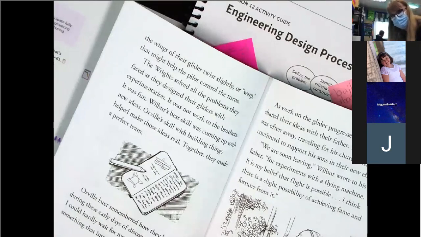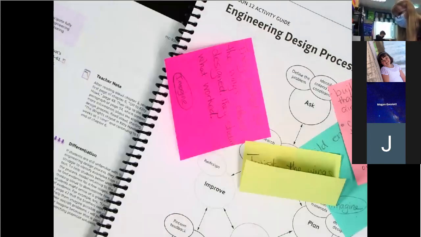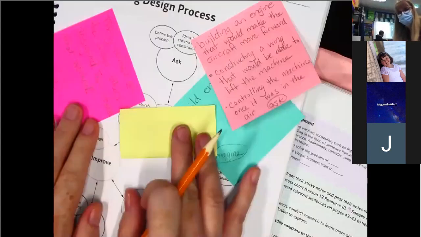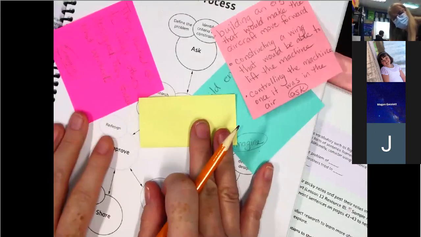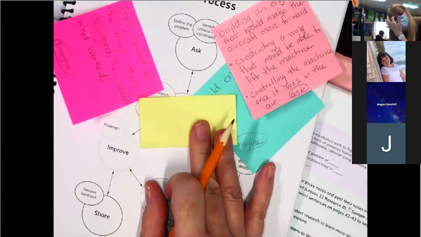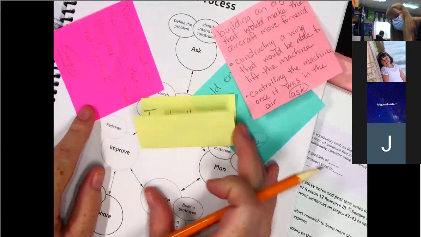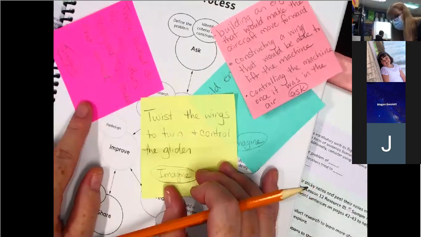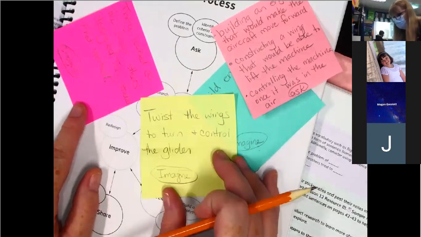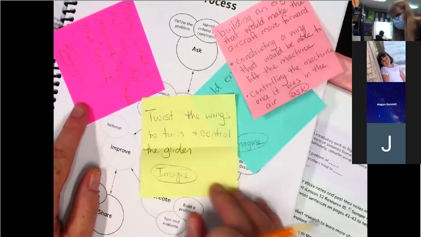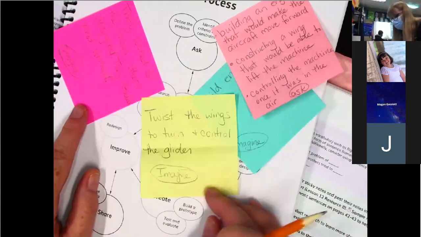Miss Van Dyke, yes. What was the yellow sticky note? Can you see all the sticky notes? Okay, so mine, the kids have different ones because I haven't written all of them down. They're pulling out different information as I'm going through. But what I have is they looked at the wings others designed. They studied what works. That was an imagine one because that had to do with selecting a solution. Twist the wings to turn and control the glider, that's an imagine step.